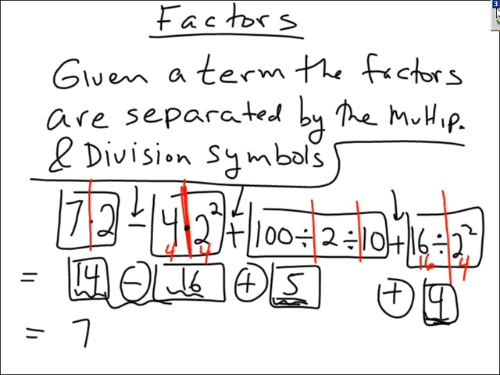Let's try one more, and then that will pretty much finish this. It'll keep coming up in other sections. You have to know terms. Most times when you make a mistake, it's because you didn't know the terms.